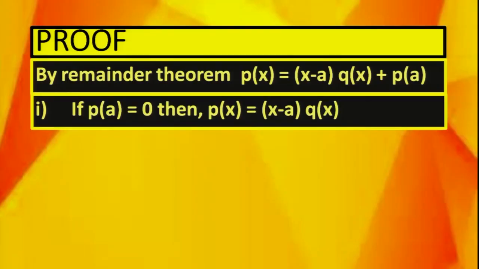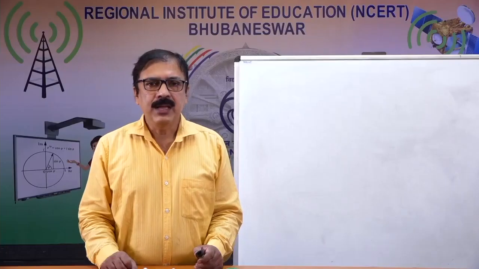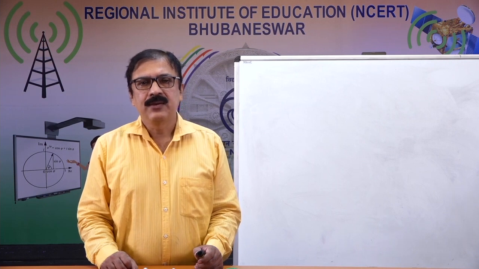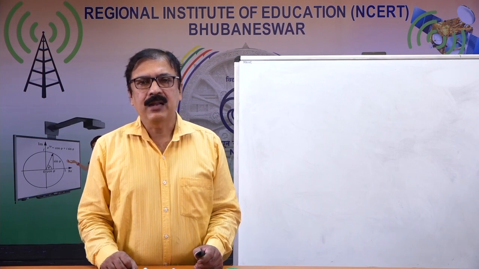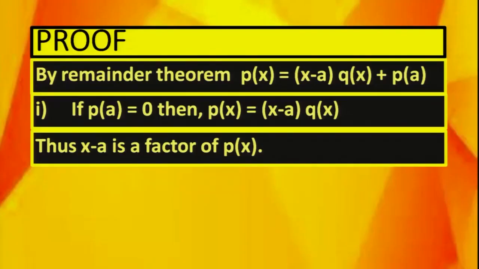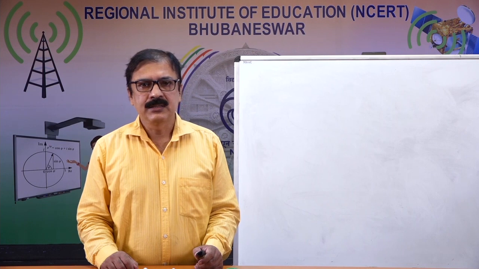If P(a) is equal to 0, then what happens to this expression? This expression becomes P(x) is equal to x minus a into q(x). Now, in this case, what do we see? We can see that x minus a is a factor of P(x). That means by taking P(a) equal to 0, we could prove that x minus a is a factor of P(x).